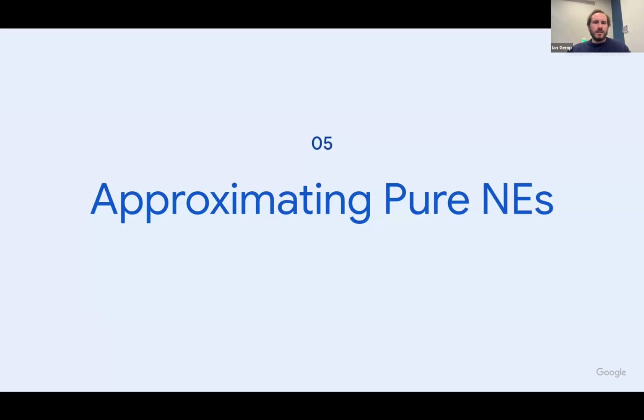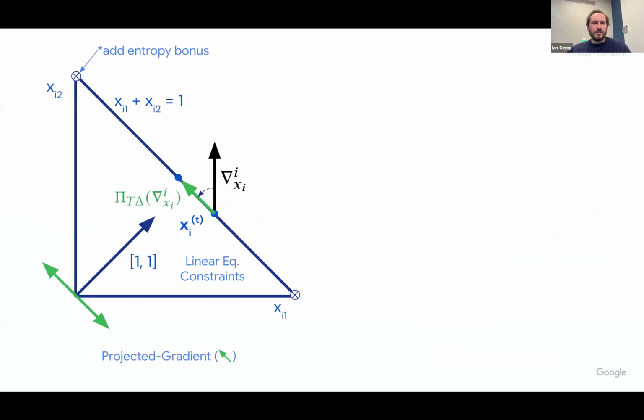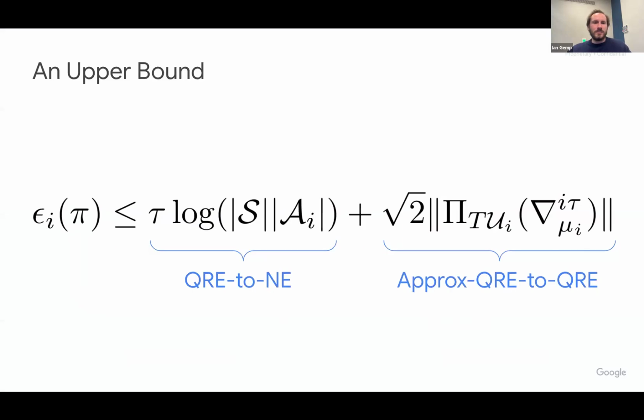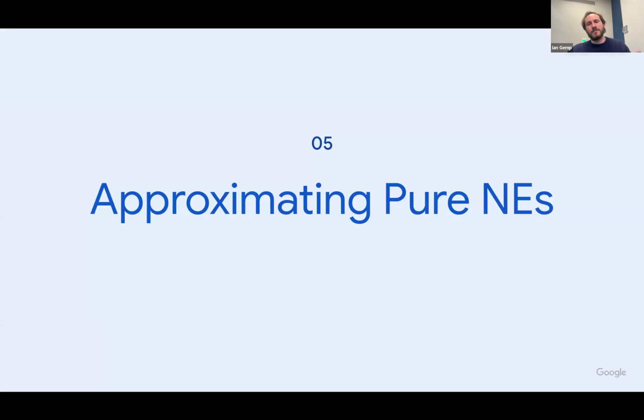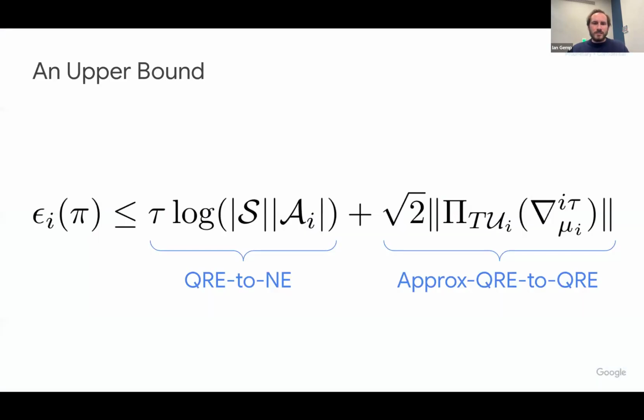Okay, so now that we have this upper bound, we're just going to directly minimize it, and that's basically how we're going to try to solve for Nash equilibria. I should say that the setting here is that we were actually focused on n-player general-sum games, not 2-player zero-sum.